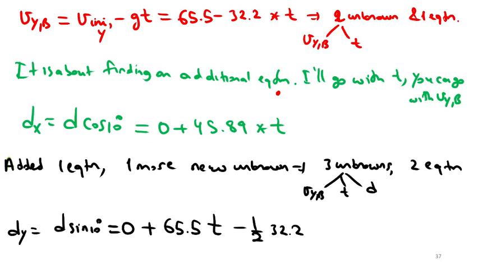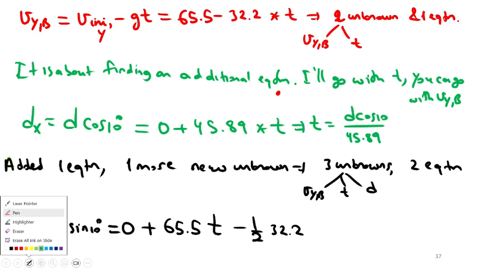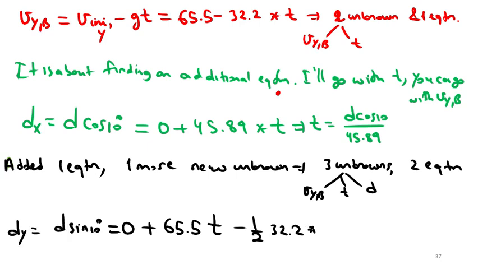And then instead of the t squared value here, what I can do is say that from here t is d cosine 10 by 45.89. Okay, so I will just say that instead of t squared, I will say d cosine 10 by 45.89, squared.